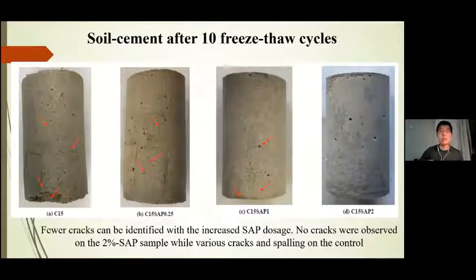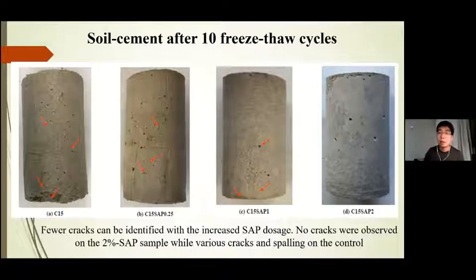In terms of the self-immune performance, we add the SAPs into the soil cement system and make the samples undergo dozens of freeze-thaw cycles. These 4 pictures show the soil cement samples after 10 freeze-thaw cycles. From left to right, the SAP content increases. You can see from these 4 pictures, fewer cracks can be identified with increased SAP dosage.